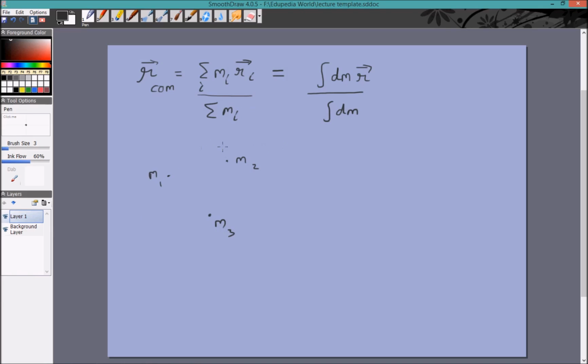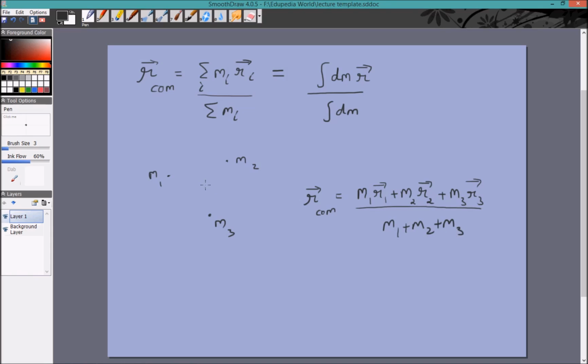So the position vector of the center of mass will be m1 r1 plus m2 r2 plus m3 r3 by m1 plus m2 plus m3.